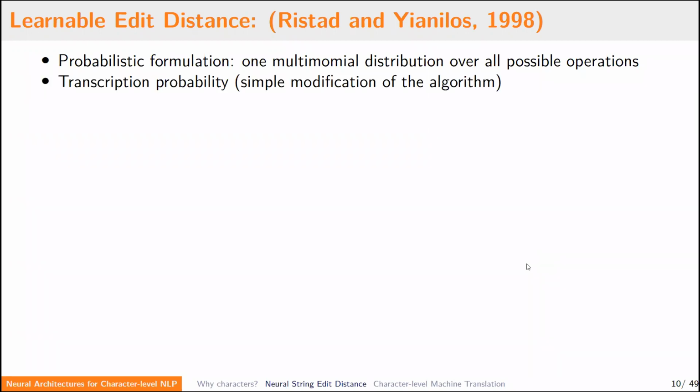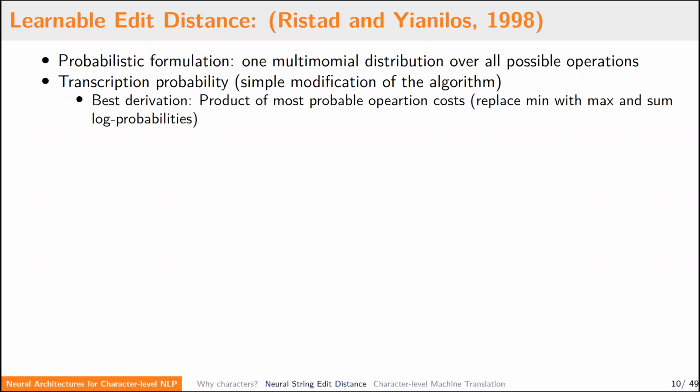So instead of having the costs that we sum, we have the probabilities that we multiply. And in practice, it's actually the same, because we don't multiply probabilities, but we sum logarithms of the probabilities.